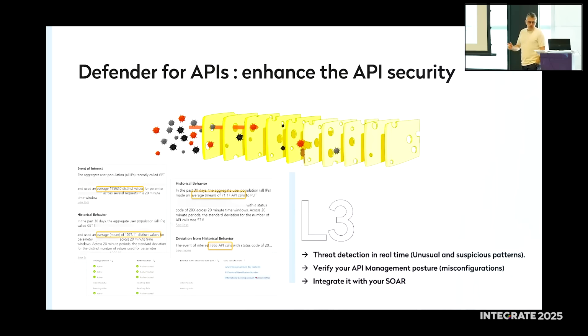Third level, if you want, Defender for API, also was mentioned this morning. And here, Defender for API just forwards the traffic to this Microsoft Intelligence, and they do threat detection in near real time. And they just find use cases like that one that you see over there that are more technical use cases.